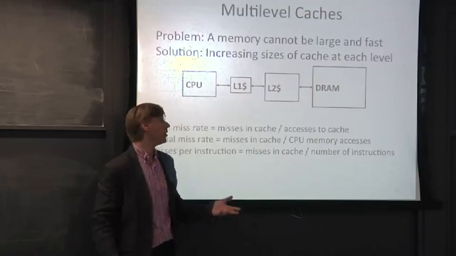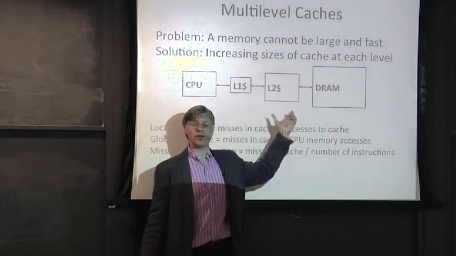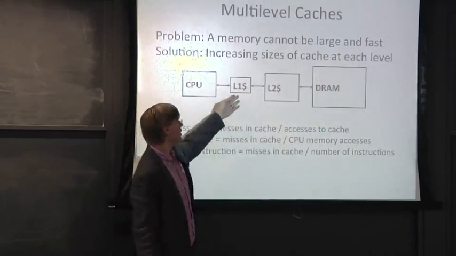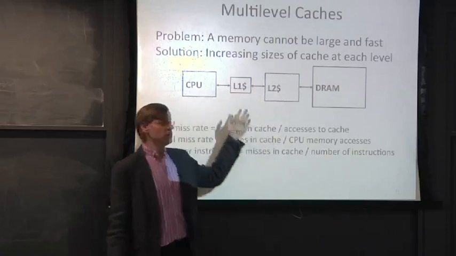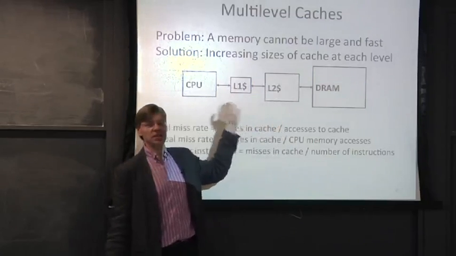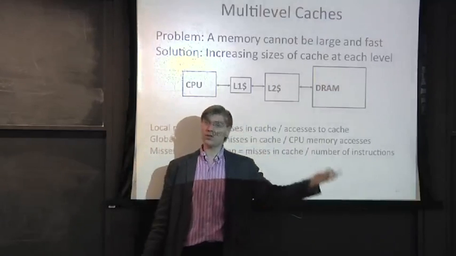And why is that? Well, let's say we have this level 2 cache here, and I say it has a very low miss rate. Well, that sounds good, but this level 1 cache is filtering accesses to it. So just because the level 2 cache has a low miss rate doesn't necessarily mean that the level 2 cache is performing well. Or vice versa.